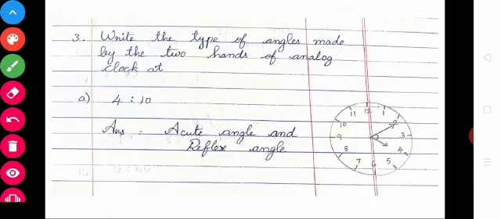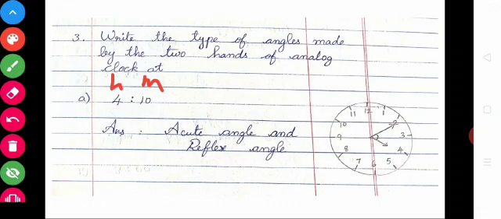And the next one, write the type of angles made by the two hands. Two hands, the long hand and short hand of an analog clock. What is the time? 4 o'clock, 10 minutes. That is the hour, that is the minute. 4 hours, 10 minutes. So the short hand mentions the hours and the long hand mentions the minutes.